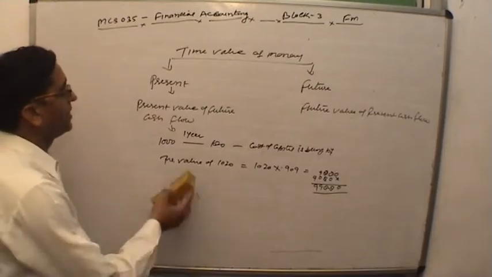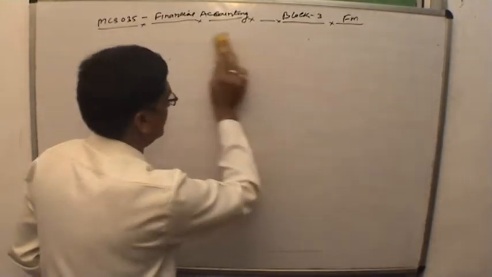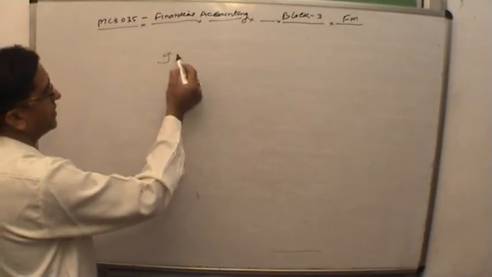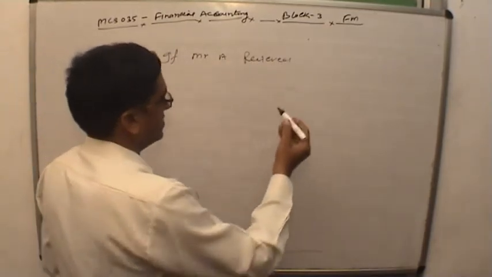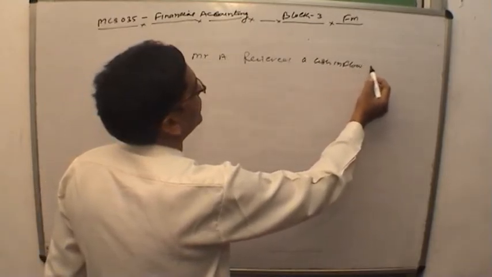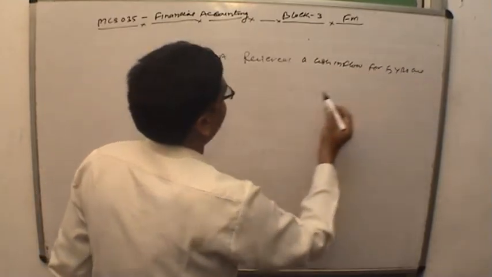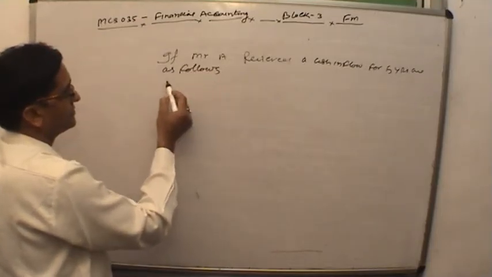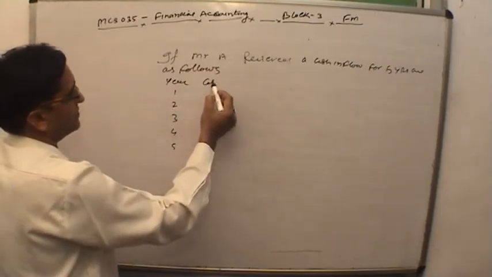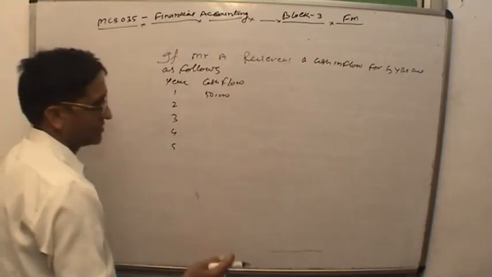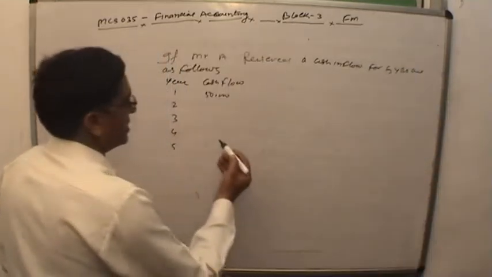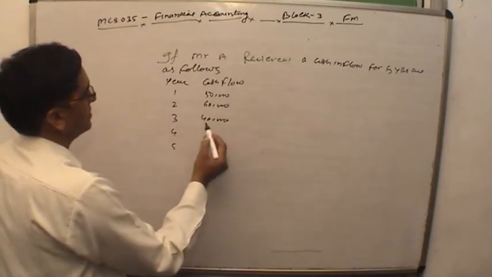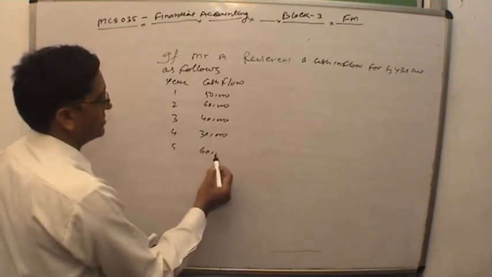Another example. If Mr. A receives cash inflow for 5 years as follows: years 1, 2, 3, 4, 5, and cash flows of 50,000, 60,000, 40,000, 30,000, 60,000.